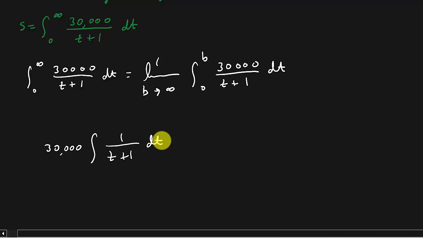Let's talk about it, and then I'll do the u substitution. But look at this denominator. What's the derivative of the denominator? The derivative of the denominator is 1. And what happens if the derivative of the denominator is in the numerator? That's natural log of t plus 1, right?